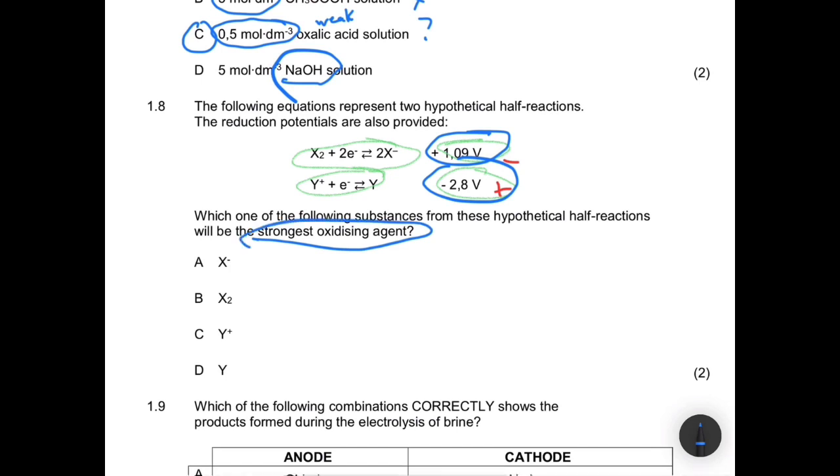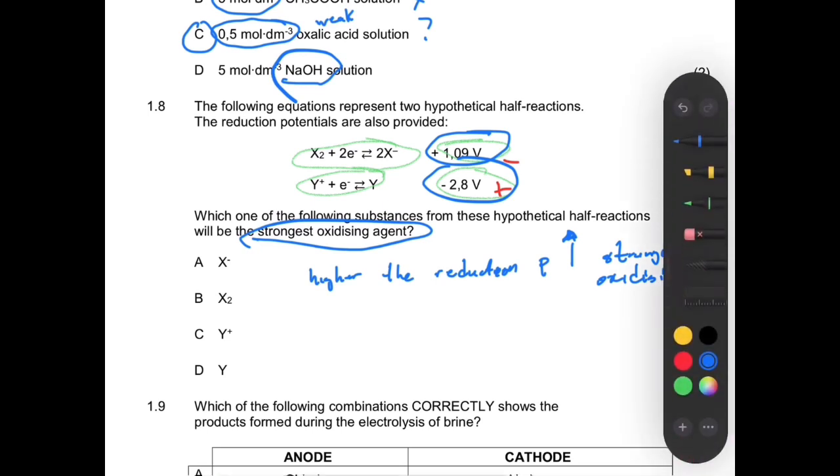So the question is, what is the relationship between the reduction potential and the state of being an oxidizing agent? We know fully well that the higher the reduction potential, the stronger an oxidizing agent is. So let's look at which one has the highest reduction potential, and from there we will know which one is the strongest oxidizing agent.